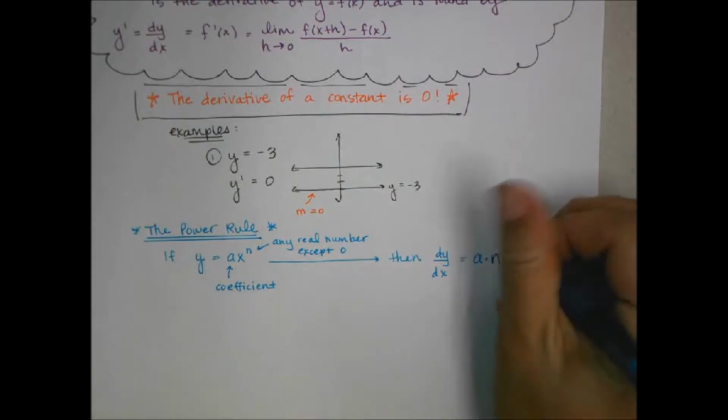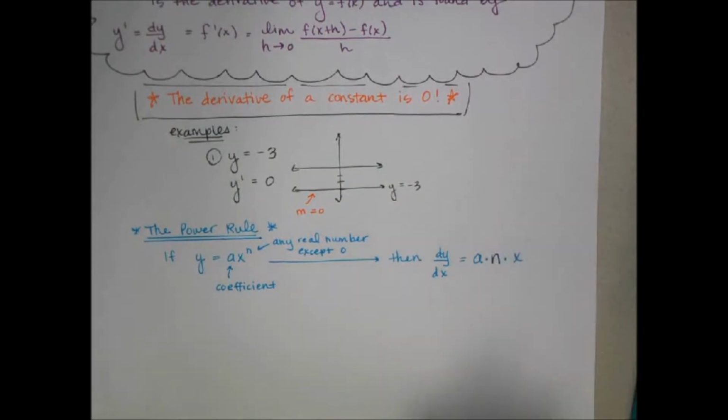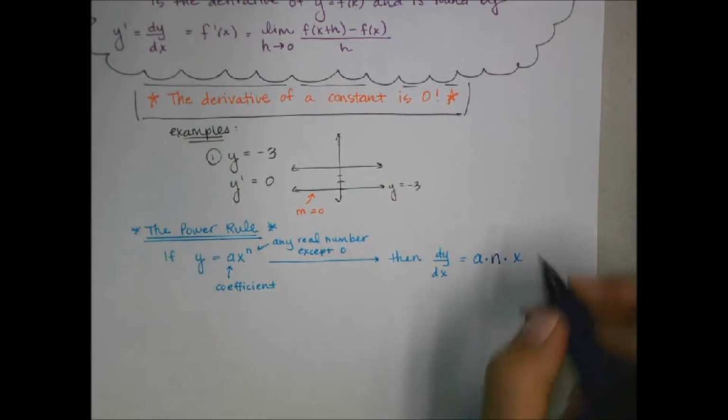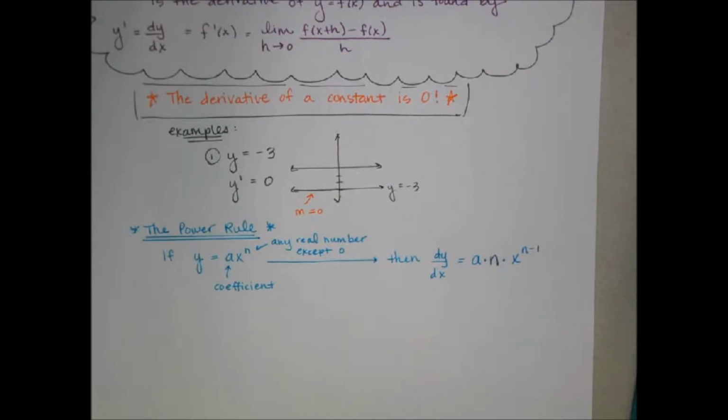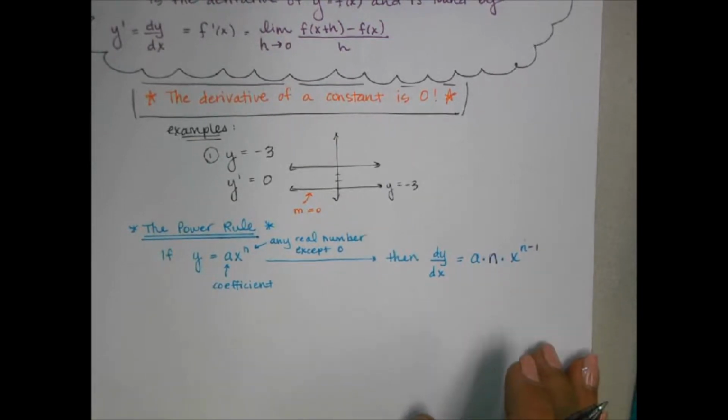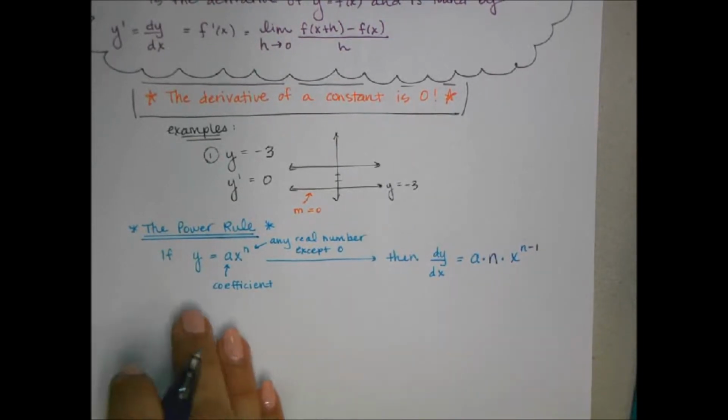And what happens to x is our exponent, which was n, now drops by a power of 1, so this becomes n minus 1. And this just happens over and over for every expression that you have.